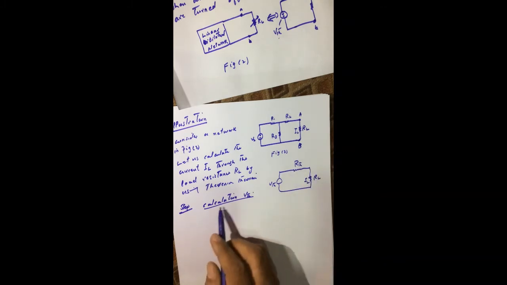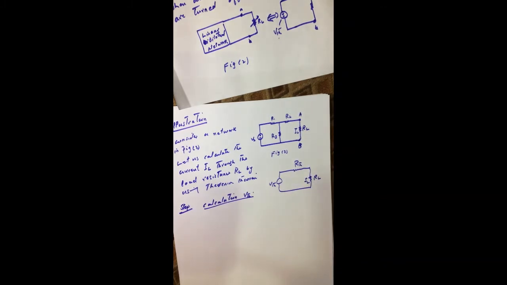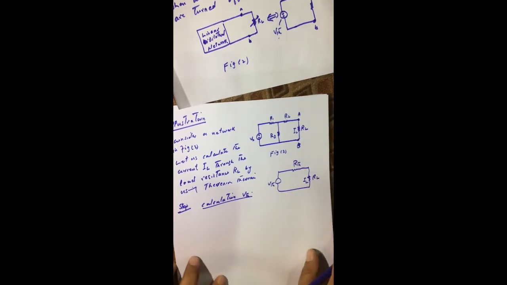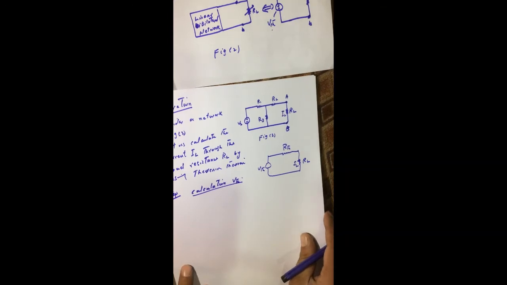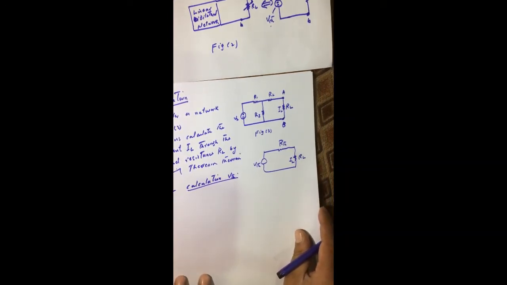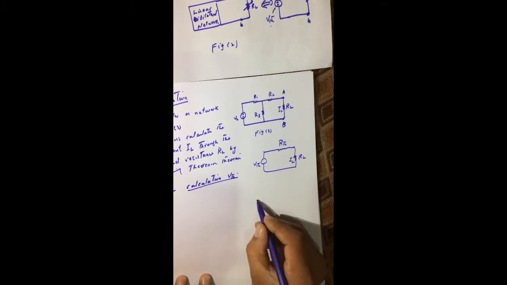So for that we have to calculate the Thevenin voltage, and we know that Thevenin voltage is the open circuit voltage between terminal A and B. So it means that this figure 3 can be reduced to this one.